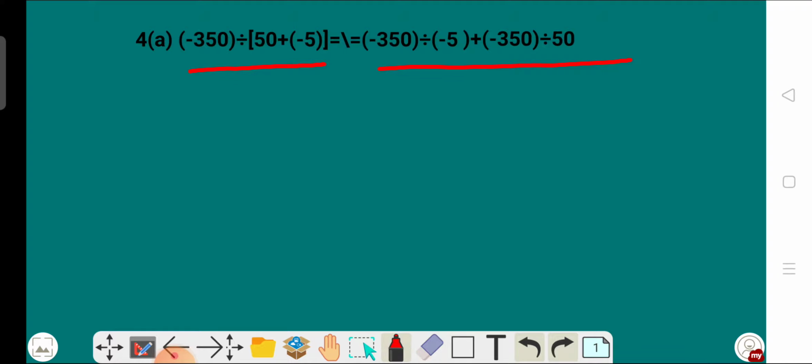let us take firstly the left hand side. This is our left hand side, beta, and this is our right hand side. So what is in the left hand side? Minus 350 divided by the sum of 50 plus minus 5. Now look here, this plus and this minus come together with no number between them, and we know that when two different signs come together with no number between them, their resultant sign is always negative.